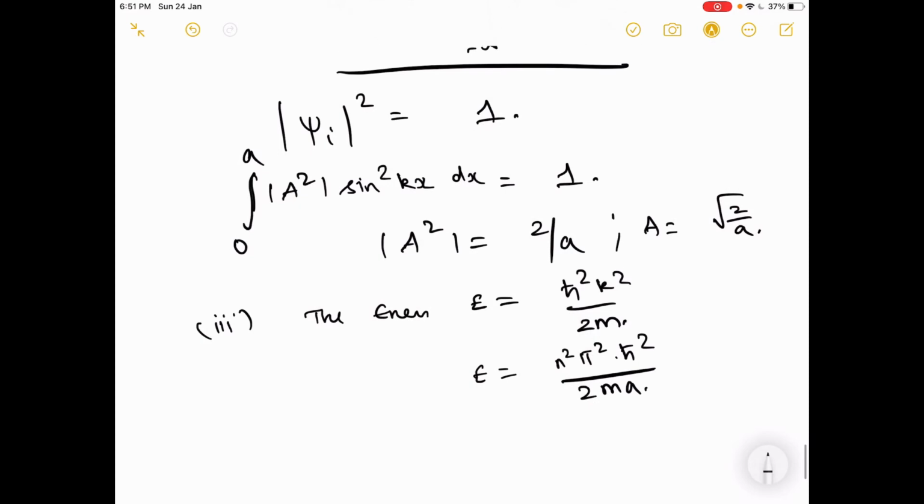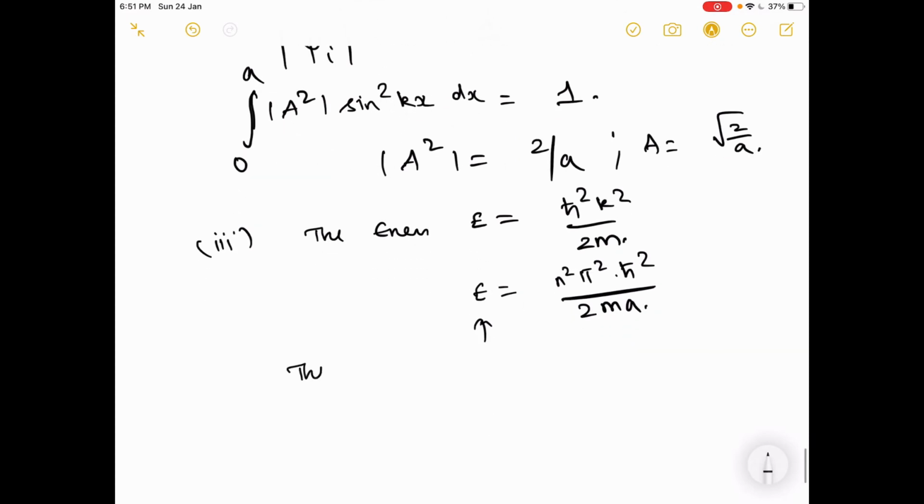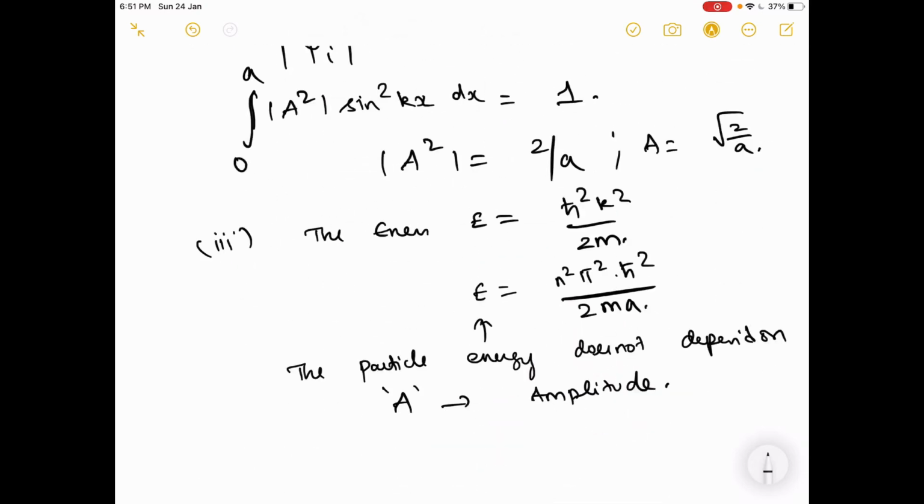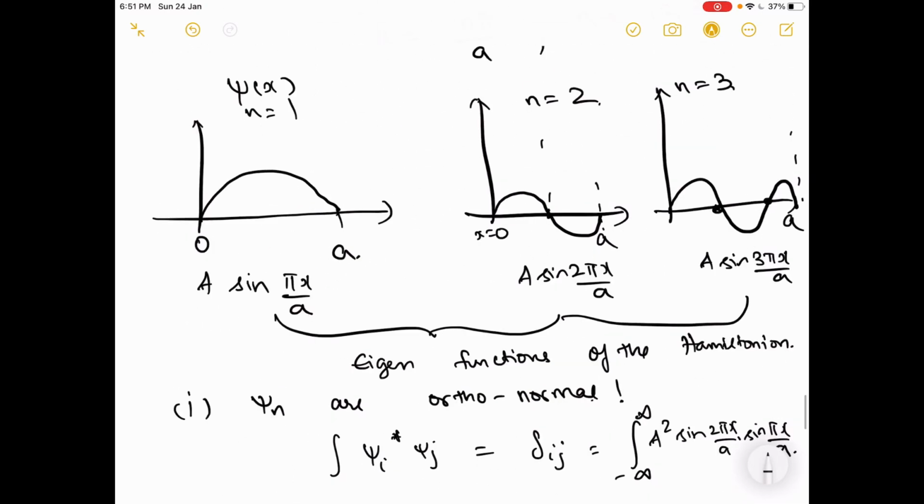So E does not depend on A, and A is the amplitude. So A is this, right?